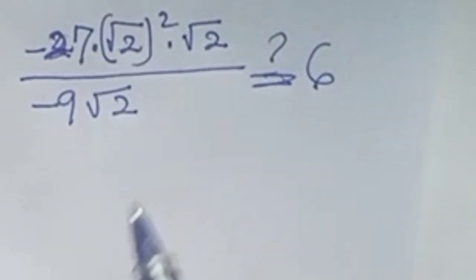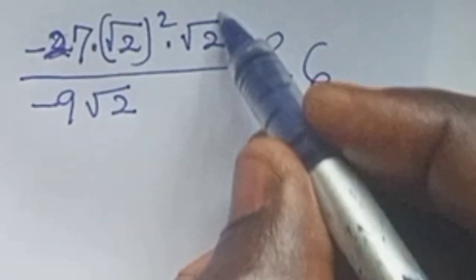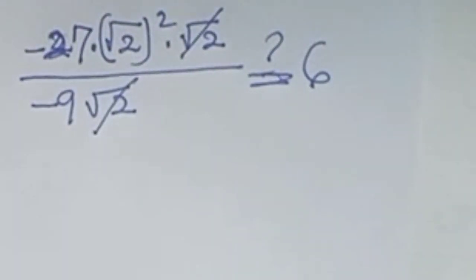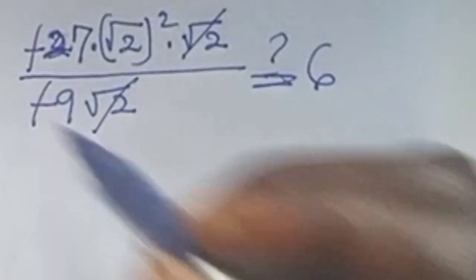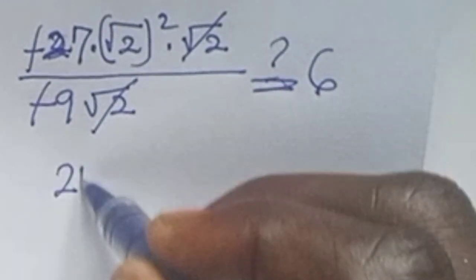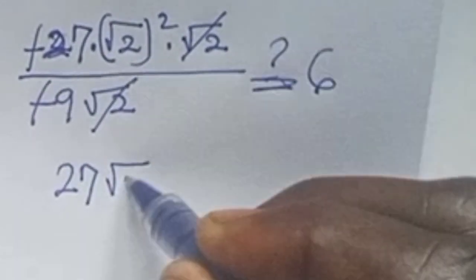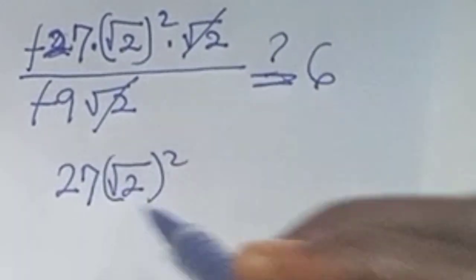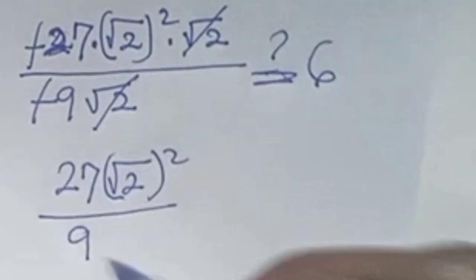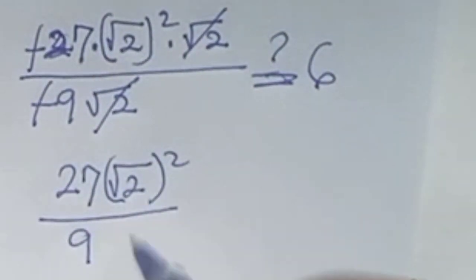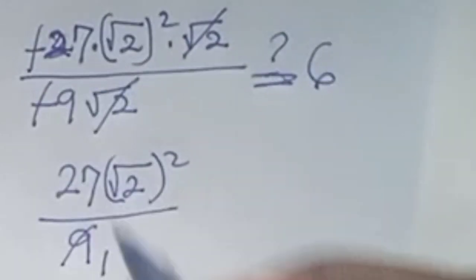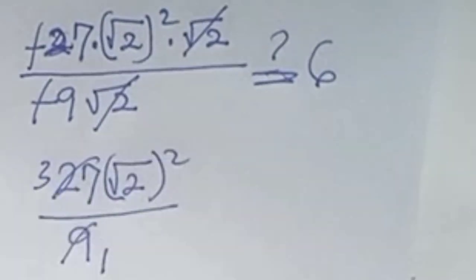If you do this very well, we're going to have square root of 2 cancel out, and the negative sign also cancelled out. What is left will be 27 times square root of 2 to the power of 2 all over 9. 27 divided by 9, that will be 3.